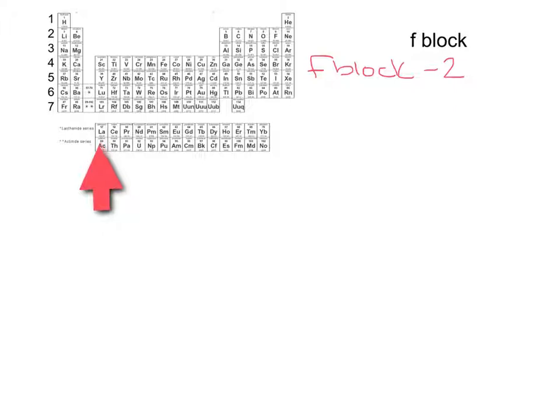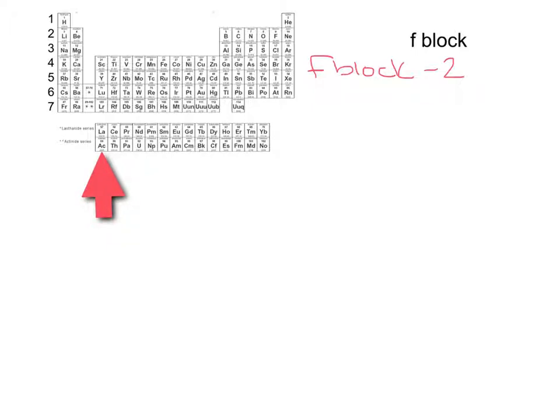It depends on whether La and Ac are plugged in here, or, on this version, Lu and Lr are right here, and usually those are found on the very end. So we've actually got not 14 across, we've got 15 across. Sometimes some elements fit in here, sometimes other elements fit in here. So there's some sort of flux.